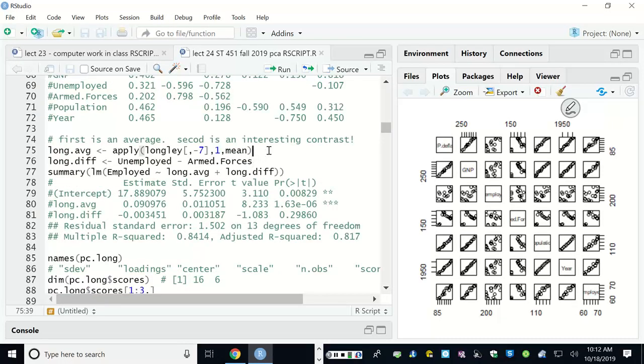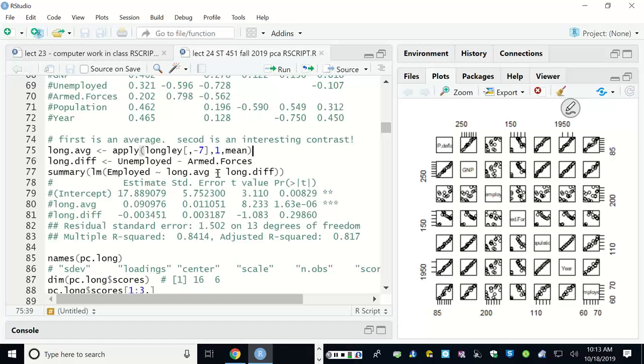So if you want to average all those, excluding the last one, which is employed, this will compute the averages by year of all those variables, and this will do a difference of those two things. So this would suggest that if you regress employed on the average and then this difference between these two factors, you would get a decent regression; that's how it would be used. It would suggest 2 new variables in place of all 6.